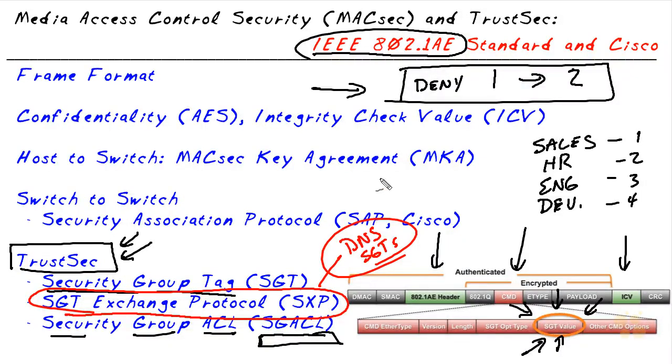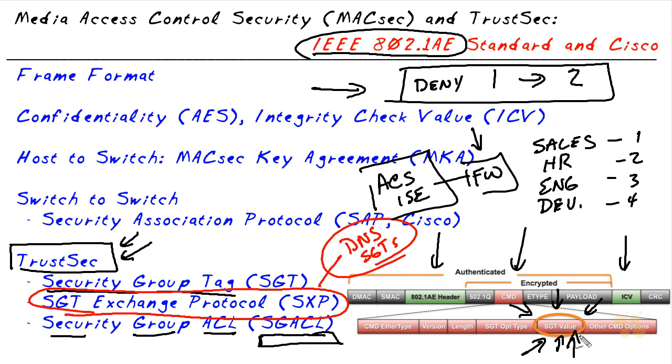With SXP, we can have, for example, ACS or ISE inform our devices that can't in hardware process those labels directly. Let's say, for example, we have a firewall that needs to enforce policy but doesn't know how to read those labels. Using SXP, one of these AAA servers could then inform the firewall regarding the IP address to SGT mappings.